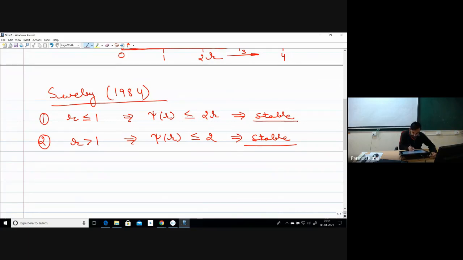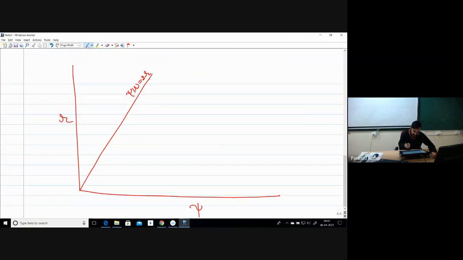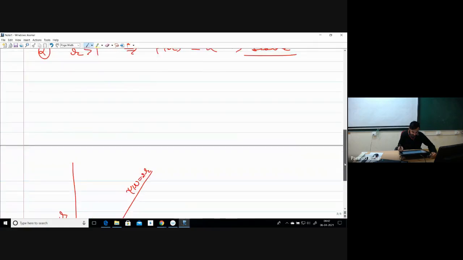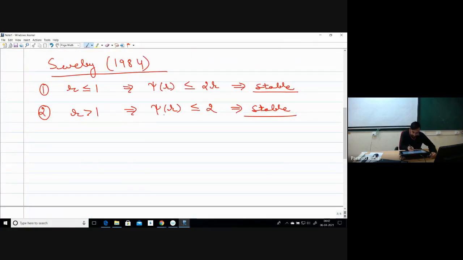Another line I am plotting is for psi(r) less than or equal to 2, specifically the line psi(r) equal to 2.